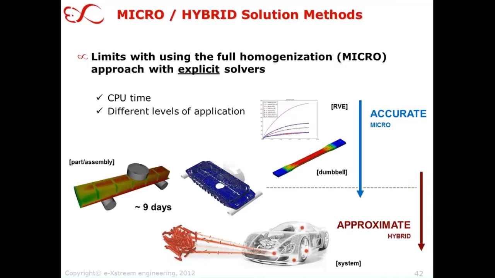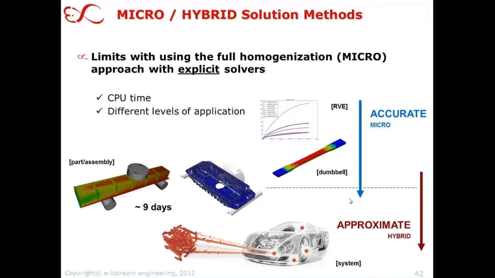Starting with the level of the integration point, going to a dumbbell level where you basically reproduce experimental measurements. But what you really want to do is, of course, to go for dynamic scenarios on the part assembly level. And this can take you, if you use some explicit solver, for example the model on the left side of the slide here, up to 9 days. And this is, of course, critical in terms of CPU involvement.